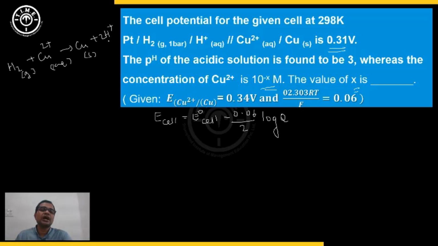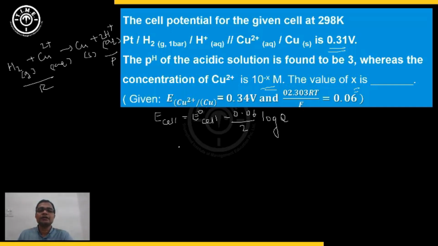This is also in the aqueous state and hydrogen is in the gaseous state. So these are the reactants. This is a product. For this one, the molar concentration of copper is taken as 1 unit because it is in the solid state.